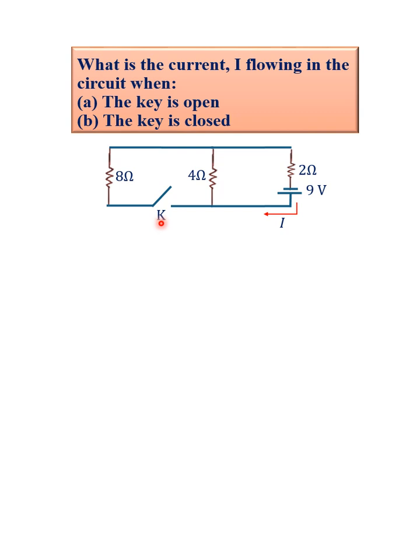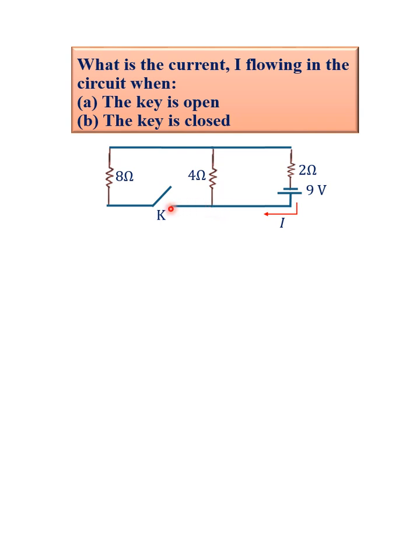Now let's look at the circuit. When this key is open, as it is now, what do you think will happen to this current? It flows from the 9-volt source and gets to this point. Part of the current flows through this 4 ohms resistor, while the other part comes this way.